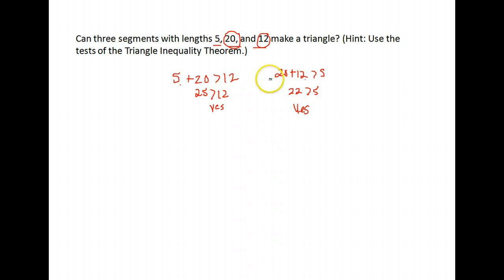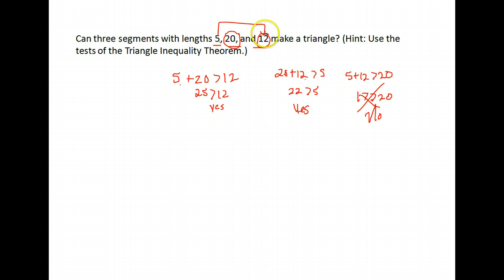We have one more pair. You should have three pairs of sides you can put together. Looks like the 5 and the 12. Is 5 plus 12 greater than 20? Well, 5 plus 12 is 17. 17 is not bigger than 20, it's smaller than 20.